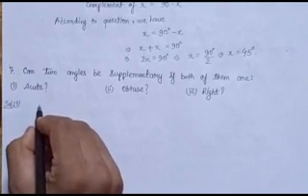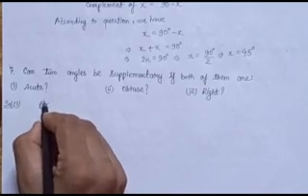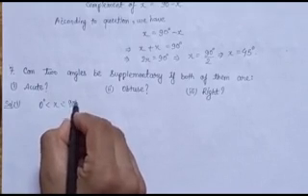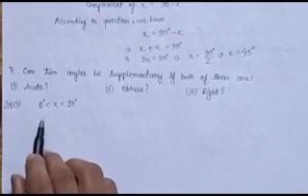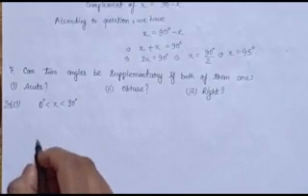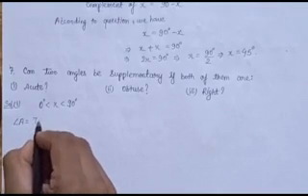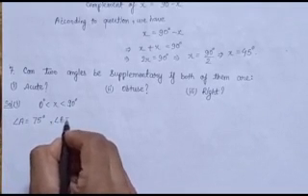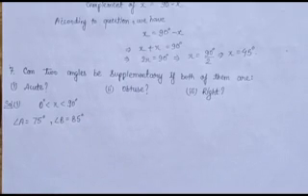An angle whose measure is greater than 0 degree but less than 90 degree is said to be an acute angle.